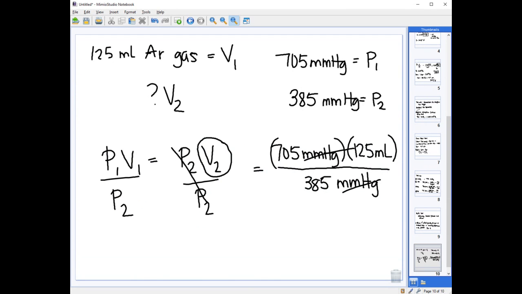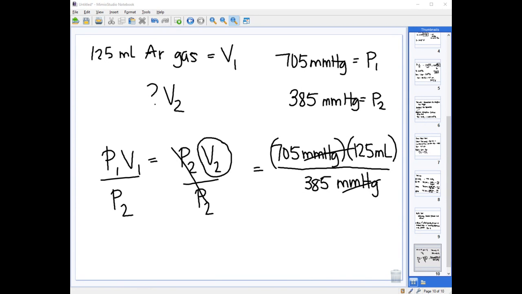Now, before we work this, I want y'all to think about what's happening. Pressure and volume have an inverse relationship, meaning as pressure goes up, volume goes down, and vice versa. So in this problem, our pressure is going down. What should we expect to happen with volume? Yes, our volume goes up.